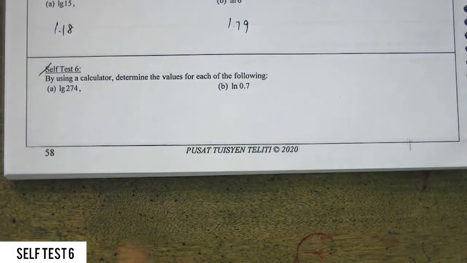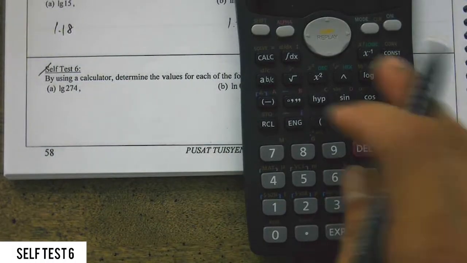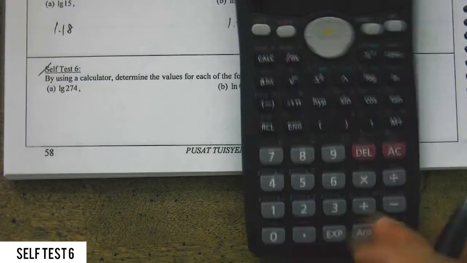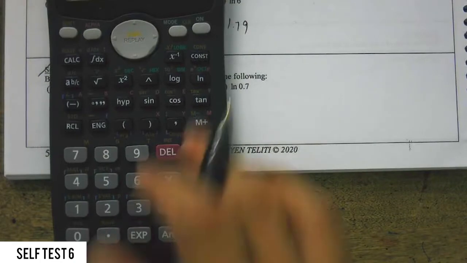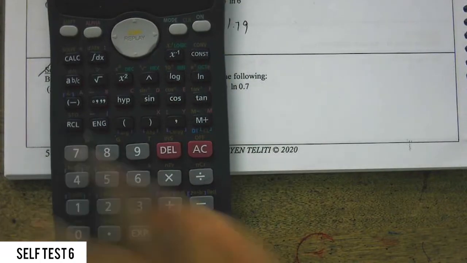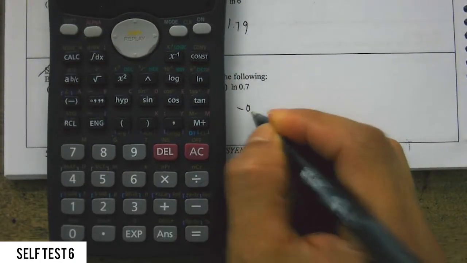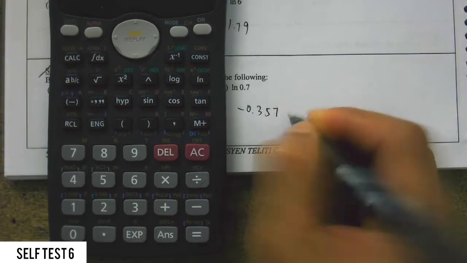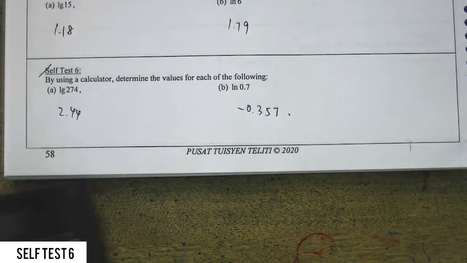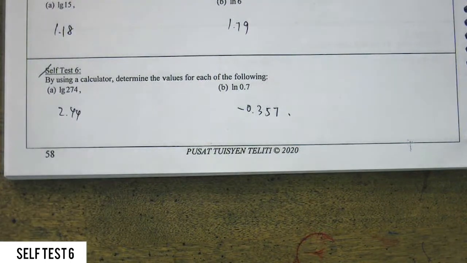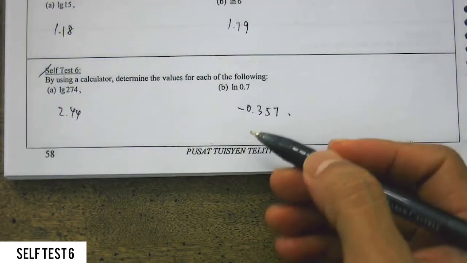Okay, for chapter 6, I'm going to find log 274. First answer 2.44. My second answer, ln 0.7, negative 0.357. Okay, your index can be negative, right? Just so you know, when you ln or log, you can get a negative answer.